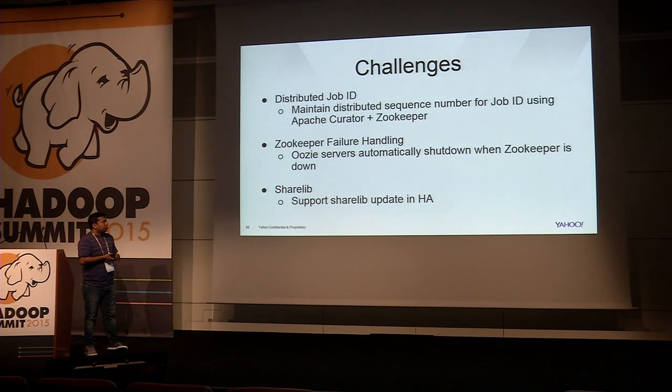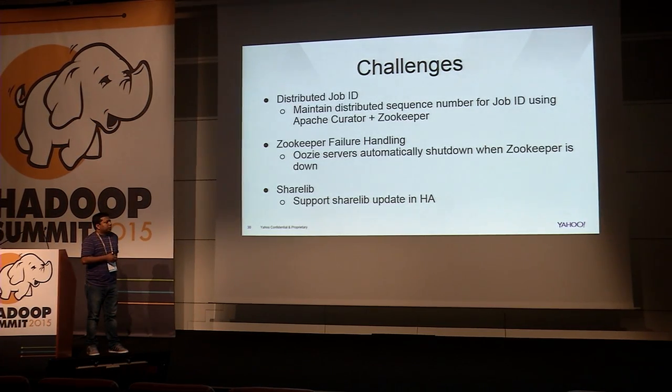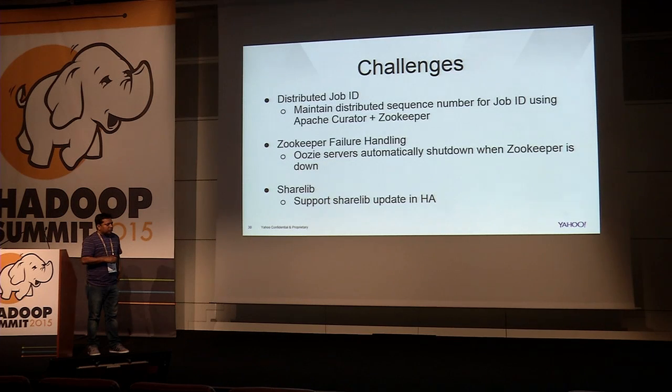For this purpose, we use Apache Curator, which has an inbuilt mechanism of having a distributed atomic long. That was okay, but then we noticed that it doesn't work at scale. Again, we talked about how at a given particular time there will be a lot of job submissions, and the Apache Curator distributed atomic long doesn't work in that case.